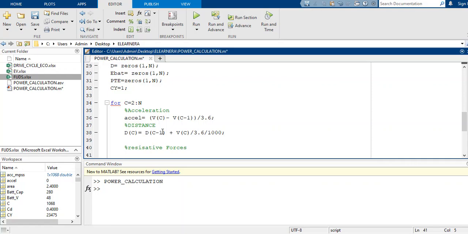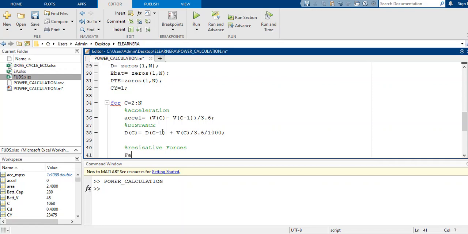First is aerodynamic drag, then second is rolling resistance, and the third one is gradient resistance, and fourth one is the linear acceleration. The inertia force we are generally considering at our end, but we are not considering the hill climb resistance because we are assuming that our vehicle is on a flat road.